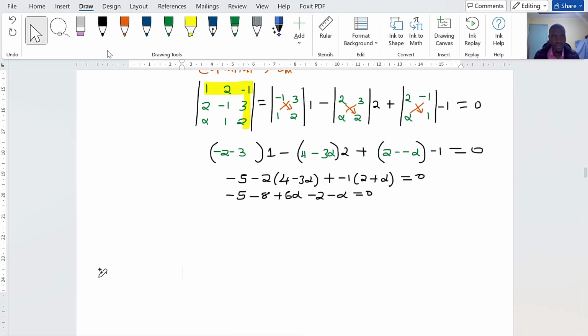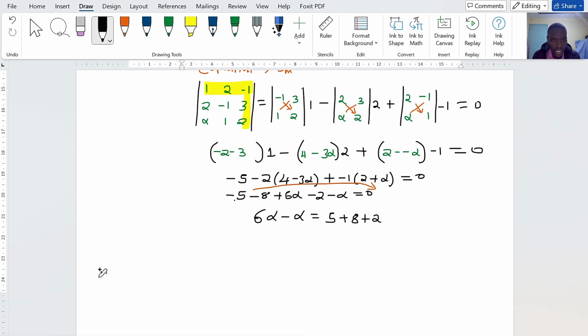Now we proceed. When we collect like terms here, we have 6 alpha minus alpha. Then we take the terms that don't have alpha to the other side of the equation. So negative 5 becomes positive 5, negative 8 becomes positive 8, and negative 2 becomes positive 2.